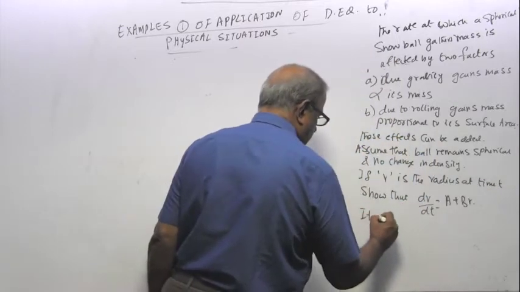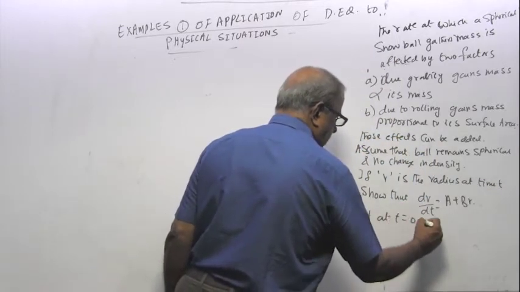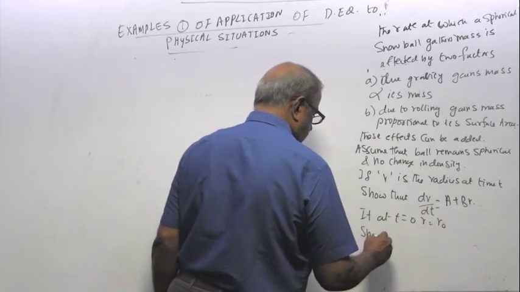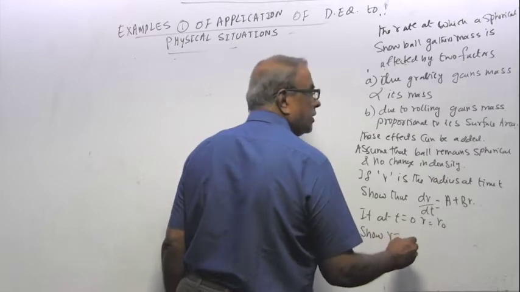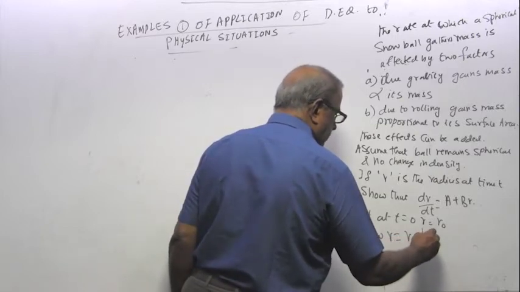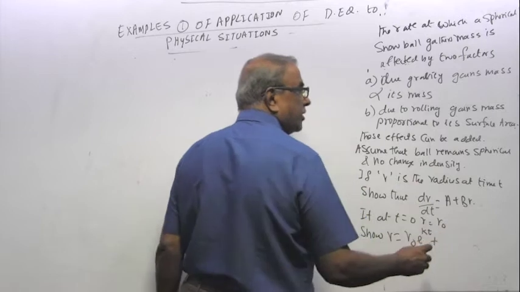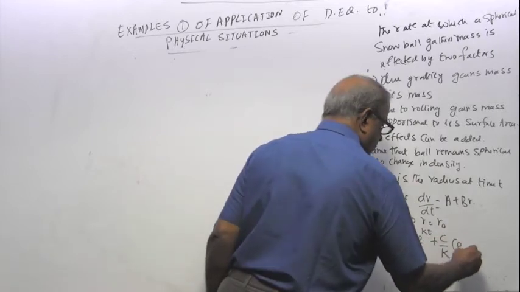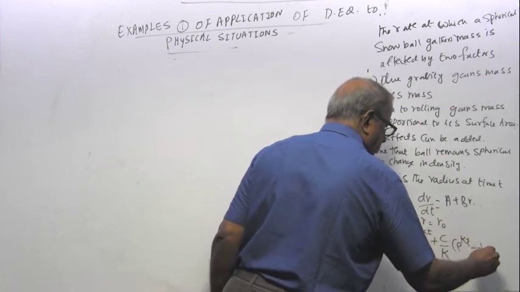If at t equal to 0, R equals R naught, show R equals R naught e power kt plus C over k, e power kt minus 1.